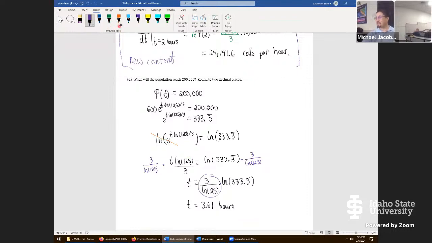I just put that in front. So a shortcut is basically to multiply by the conjugate on both sides. Exactly, yeah. It would be the conjugate, but the reciprocal rather. Absolutely. And the great news about the reciprocal is that natural log 125 and this one cancel off. 3's cancel off. And so we effectively just flip the fraction, multiply on this side, and you're all set. Yep, you betcha. Other questions about that solution so far?